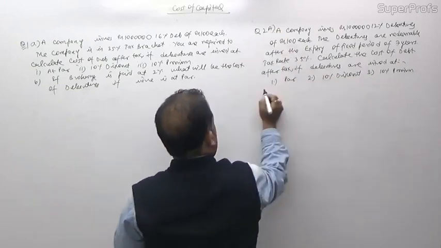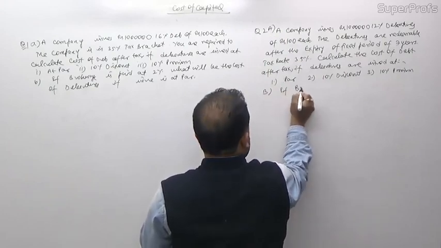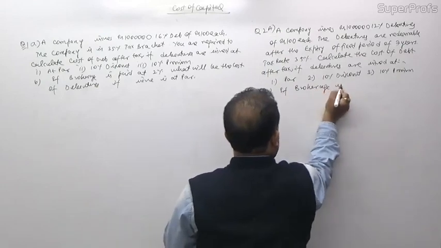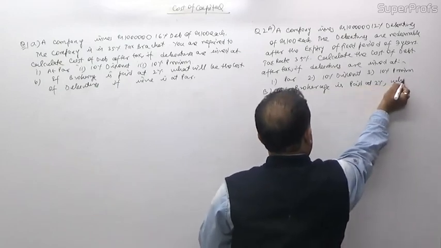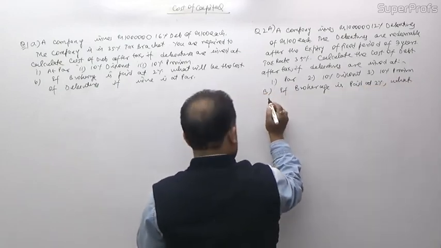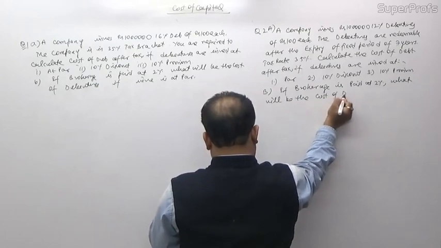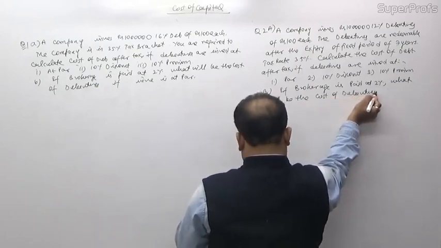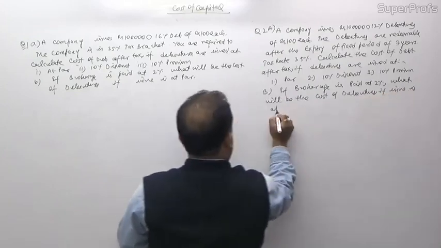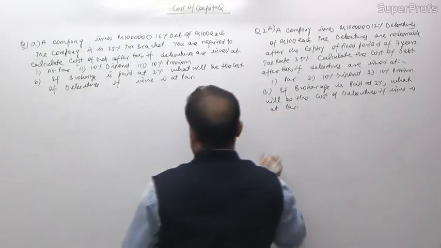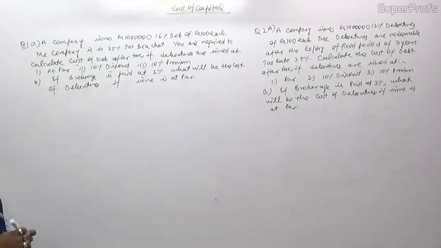That is the A part of the question, and the B part: if brokerage is paid at 2%, what will be the cost of debentures if the issue is at par? So there are two questions based on the cost of capital chapter.